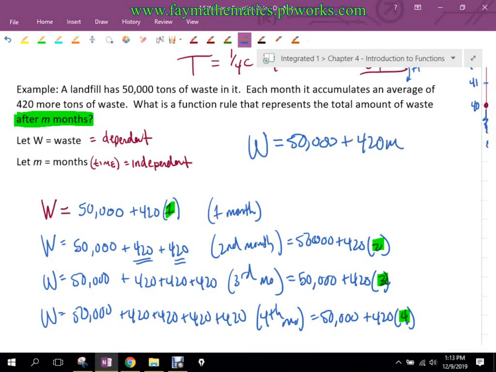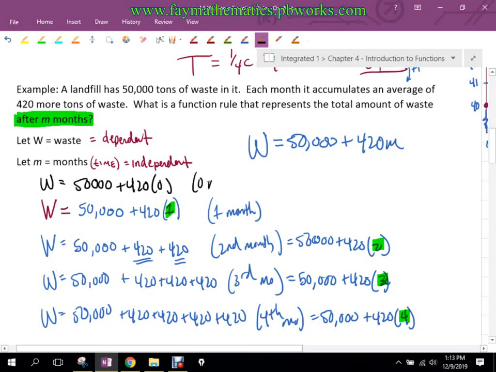Now what I think would probably be important to do here, and I'll put this one here, that was 0 months. If I were to just evaluate this first one, it would give me 50,000 tons, right?